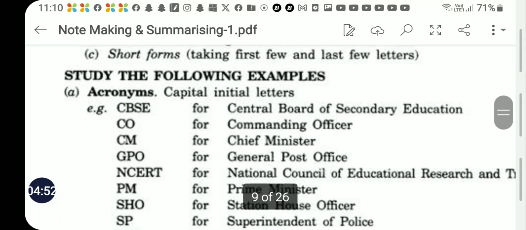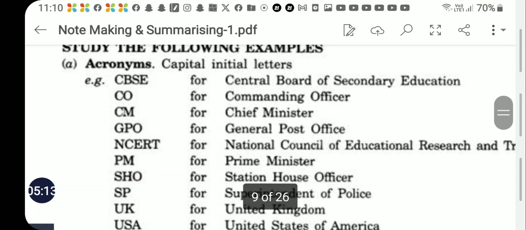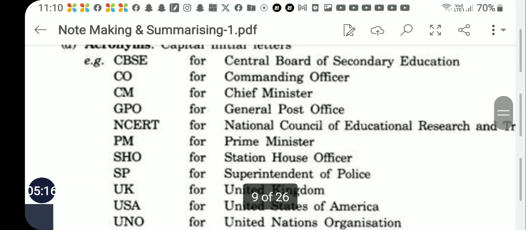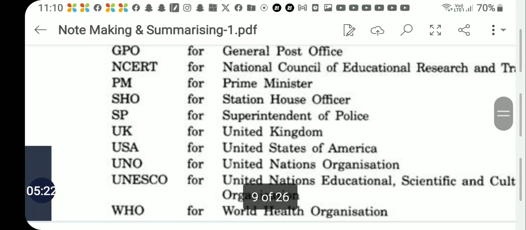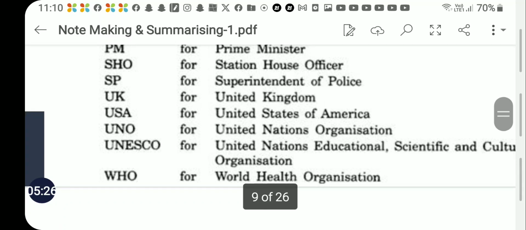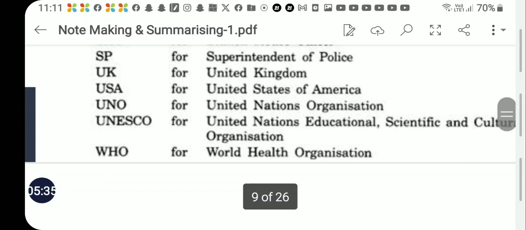Acronyms, capital initial letters. For instance, CBSE. Your main example would be CBSE for Central Board of Secondary Education, then CO for Commanding Officer, CM for Chief Minister, GPO for General Post Office, and NCERT, again very important, for National Council of Educational Research and Training, PM for Prime Minister, SHO for Station House Officer, SP for Superintendent of Police, UK for United Kingdom, USA for United States of America, UNO for United Nations Organization, UNESCO for United Nations Educational, Scientific and Cultural Organization, WHO for World Health Organization.